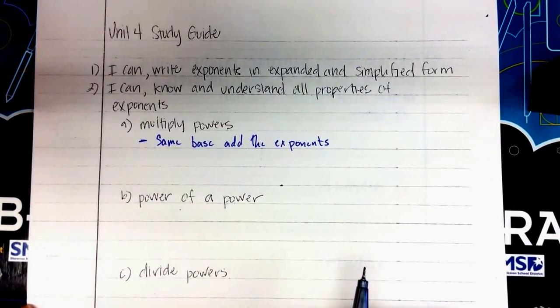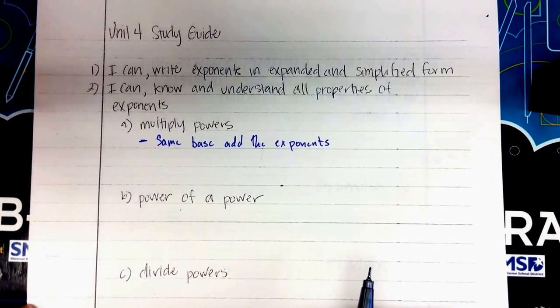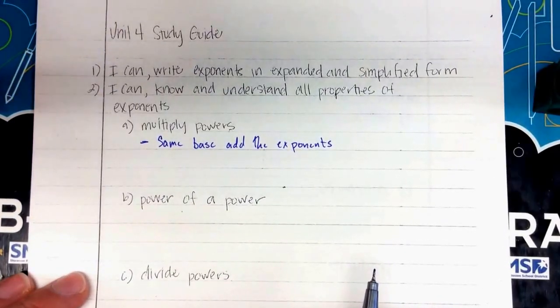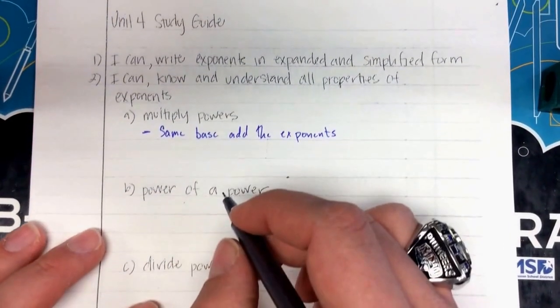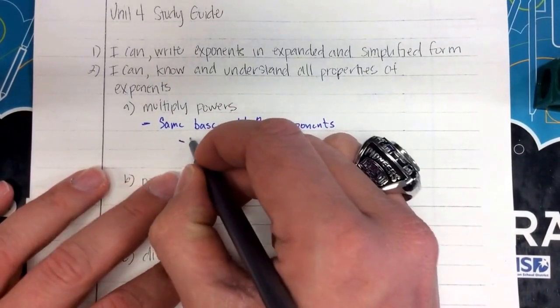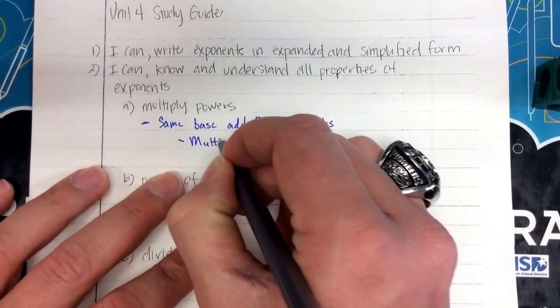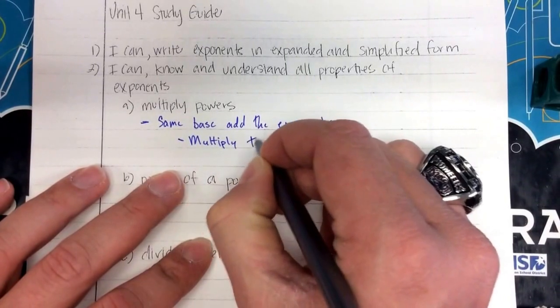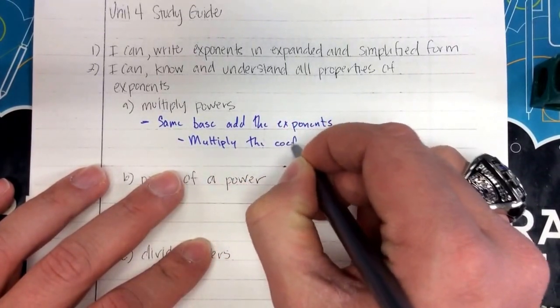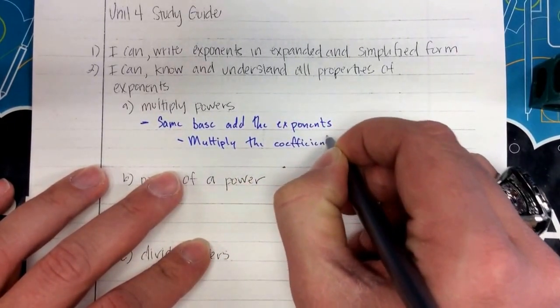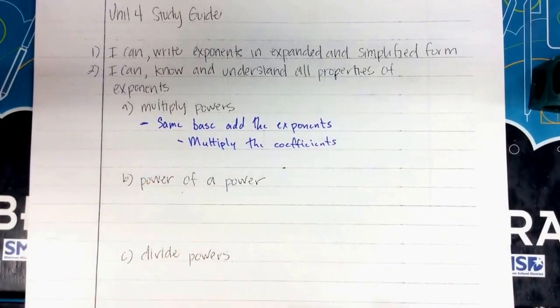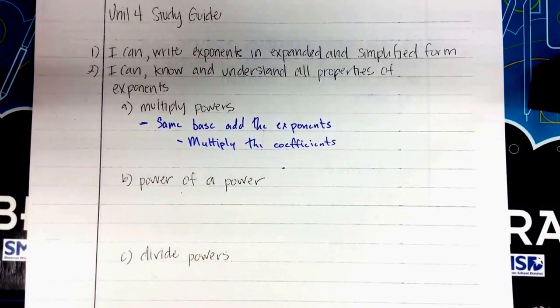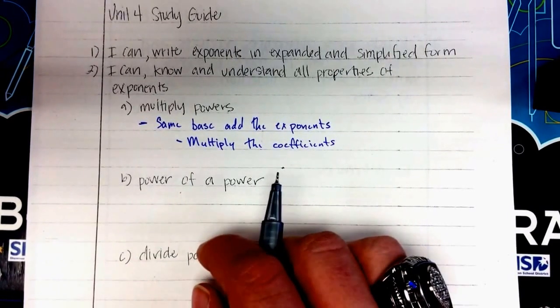What do we do with our coefficients? Luis? So good. We're going to multiply the coefficients. And when the powers have the same base, we're going to add the exponents.